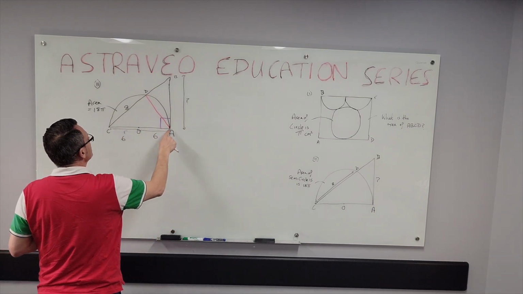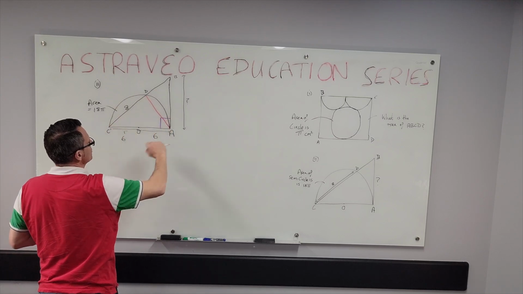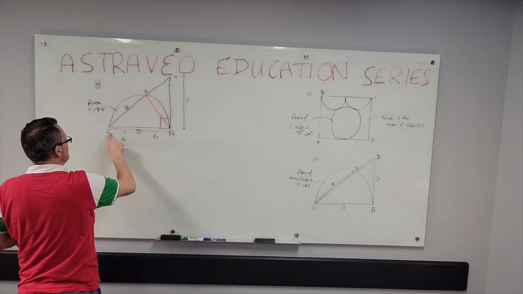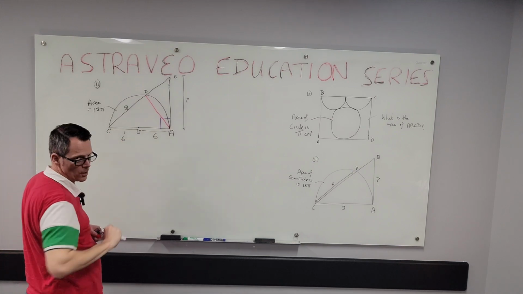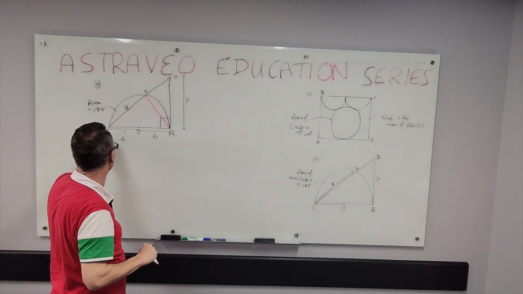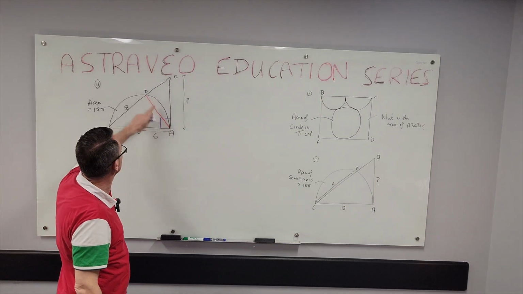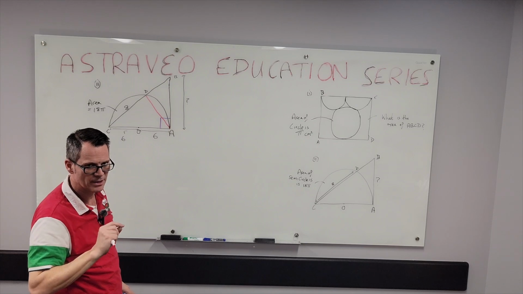So we have 3 points on a circle. Now, I realize it's only a semicircle, but effectively it's a circle. We have 3 points, A, D, C. Thales' theorem says 3 independent points on a circle, if 2 of the points make up the diameter, AC, the angle at the third point must be 90 degrees.